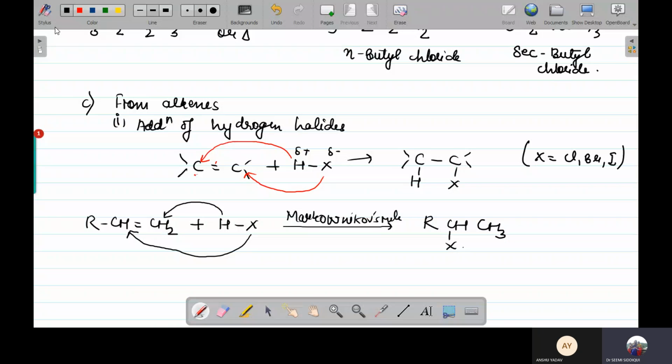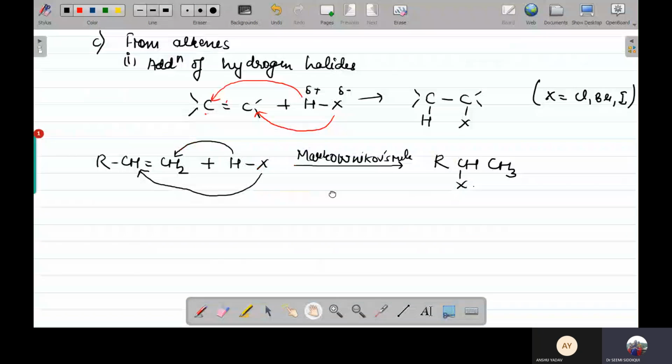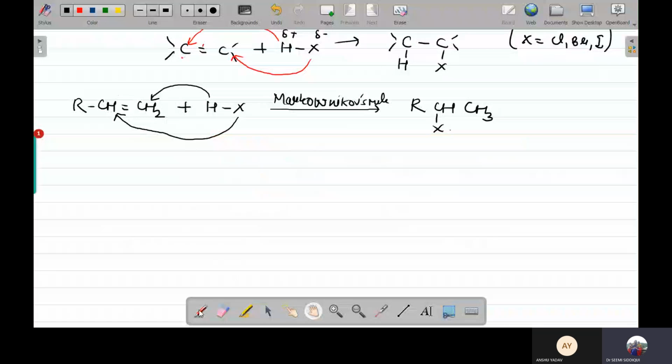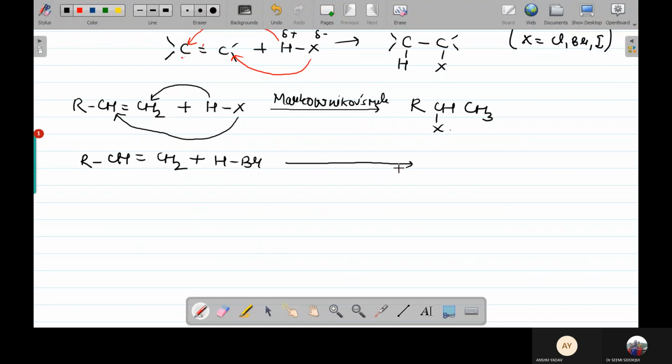Now, this has followed a Markovnikov rule, but addition can be in another manner also. That is CH double bond CH2 plus HBr in the presence of benzoyl peroxide.